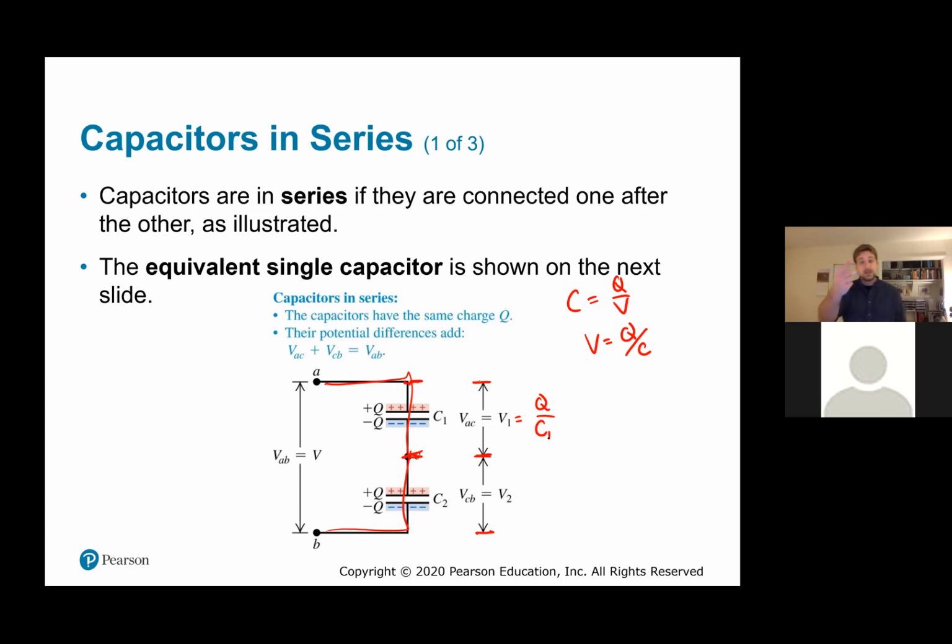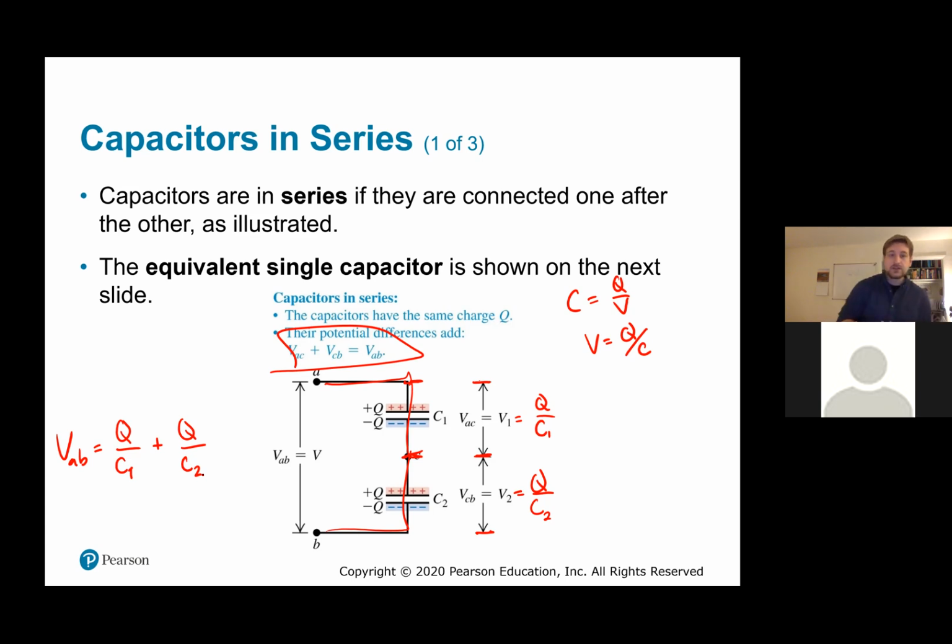V2, by the same logic, is that charge Q divided by that capacitance, C2. And we're supposed to add these according to this rule. So the potential difference AB is the sum Q over C1 plus Q over C2.